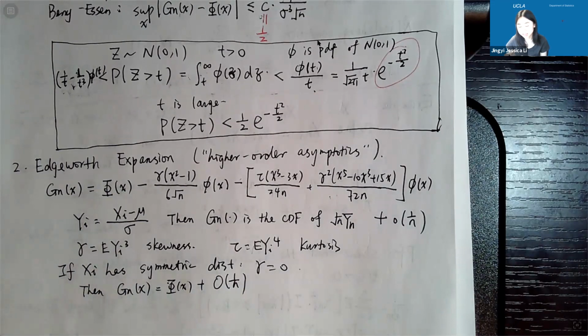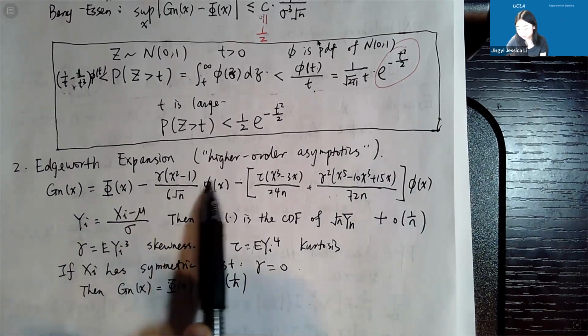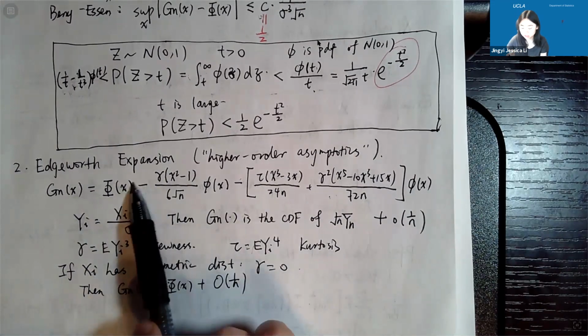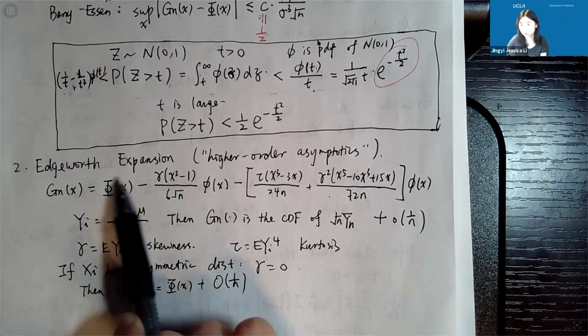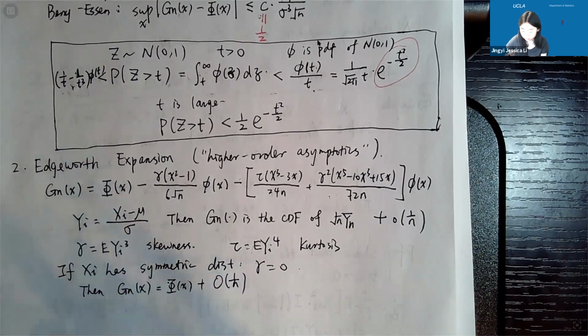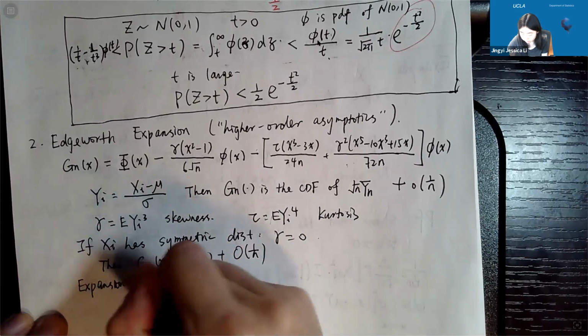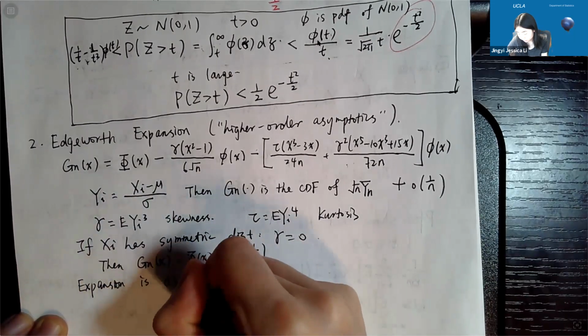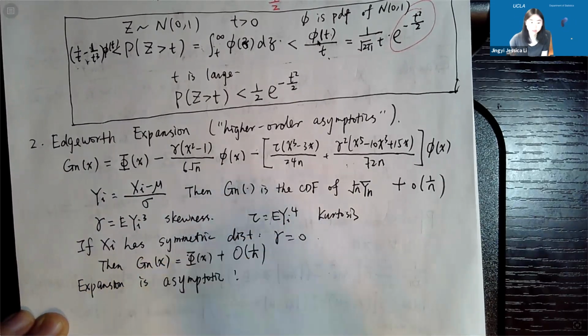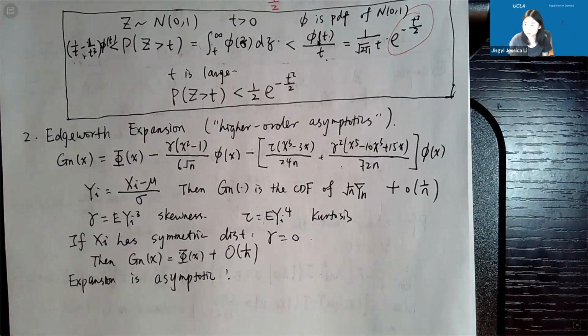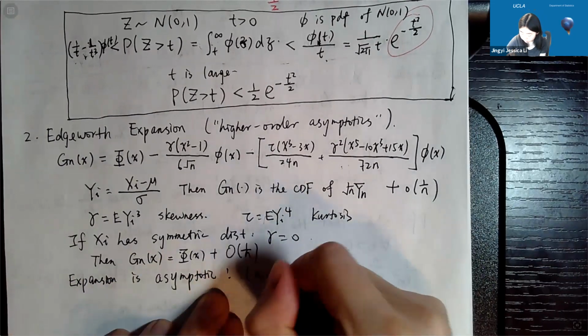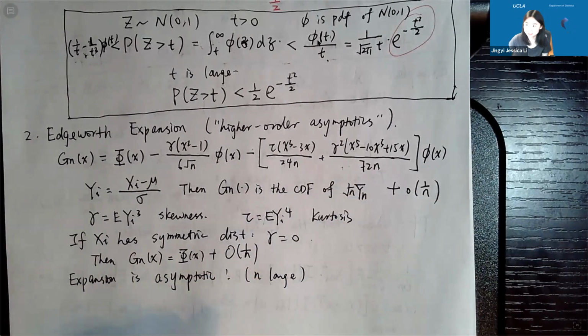But what this means is that if your n is really small, it does not necessarily mean that going further with more terms is better than just using the normal approximation. So that's the key message. This expansion is asymptotic. It only works well when n is large. And for small n, it may not be better than just using the phi alone.